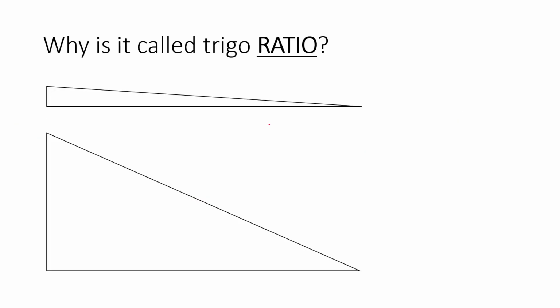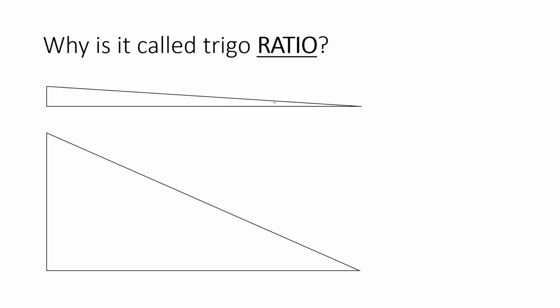For this part of the video, it's actually not very important that you really go and understand the meaning of this. But it will be good for you to understand to improve your appreciation. If not, you can still apply what is more important. So I have two triangles down here.